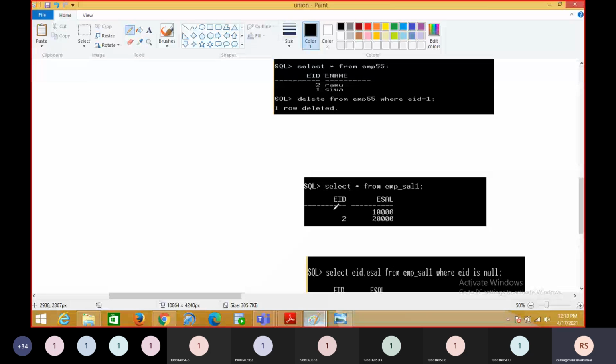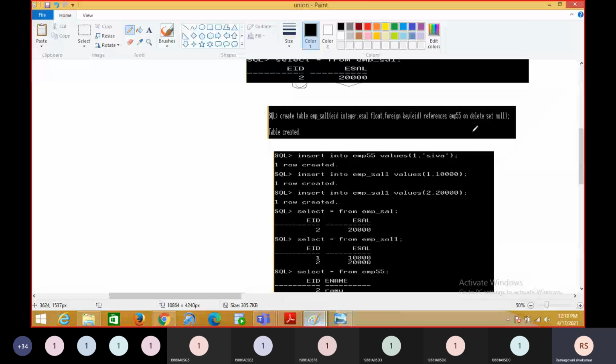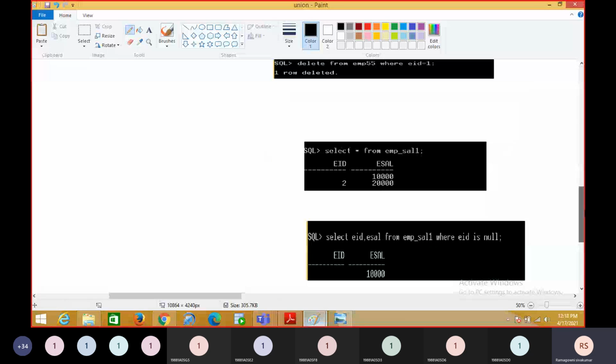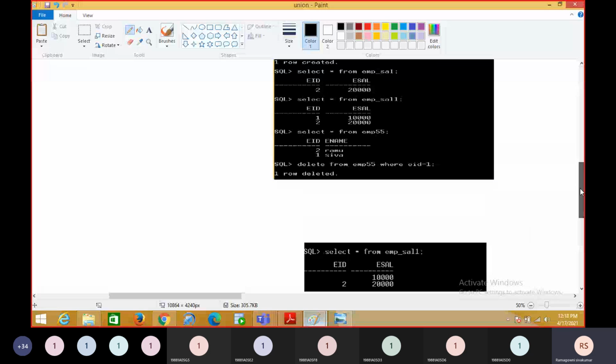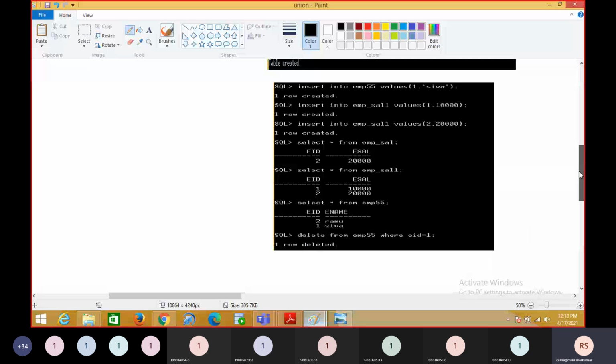That is the query we have written, that constraint: on delete set null. If I delete the value, it is going to be null. Which value? Only the foreign key you have given there, the ID, so that ID value is going to be null.